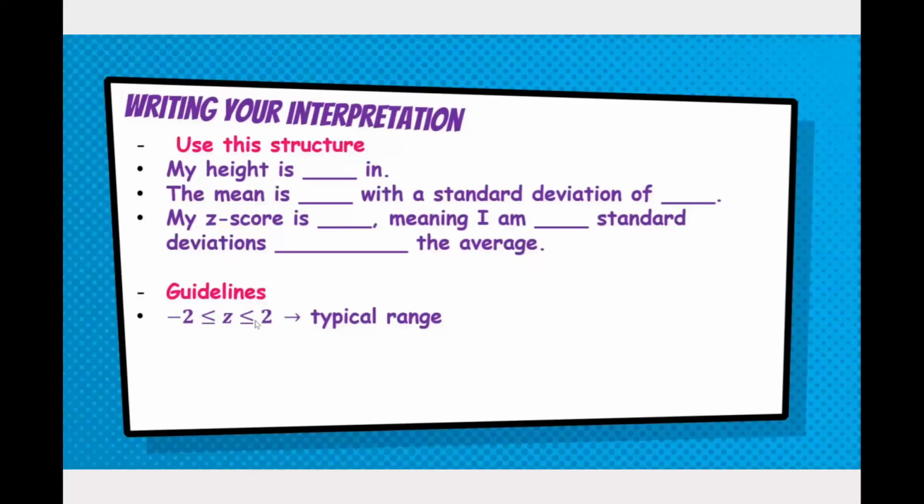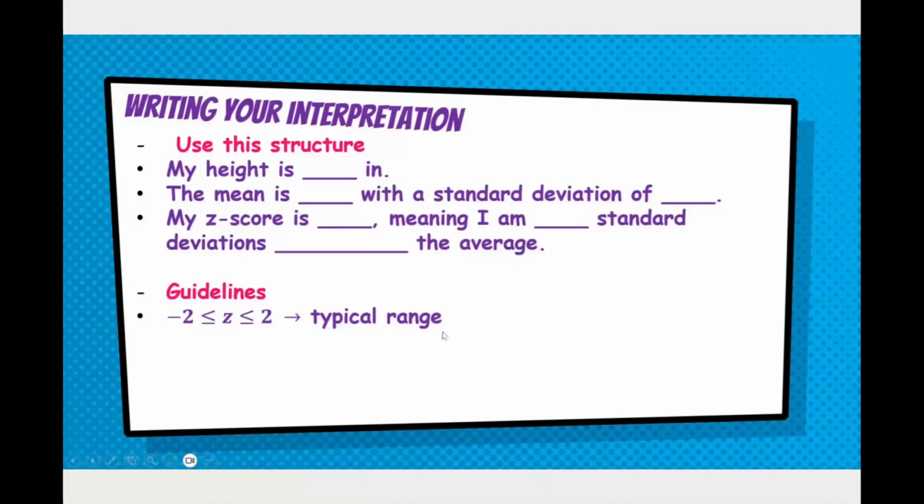Guidelines are, I know we said above and below 3 standard deviations. Really, a typical range is going to be less than or equal to 2, in that ballpark. So in the middle of 2 above and 2 below is more of a common range.